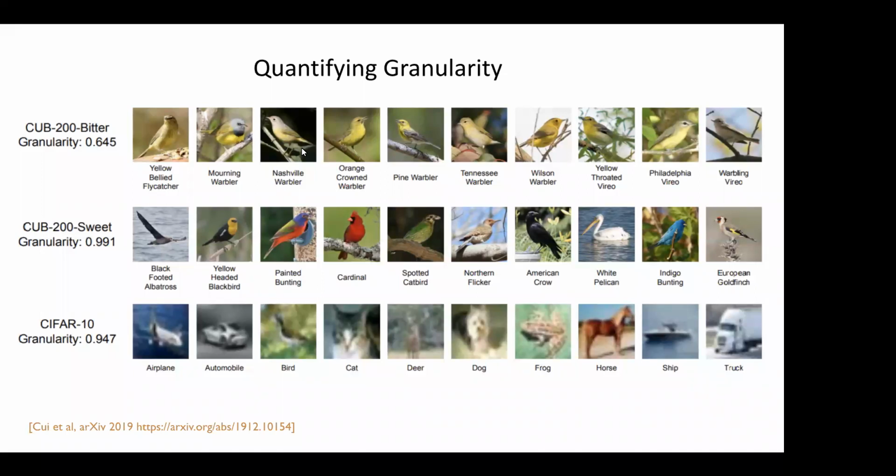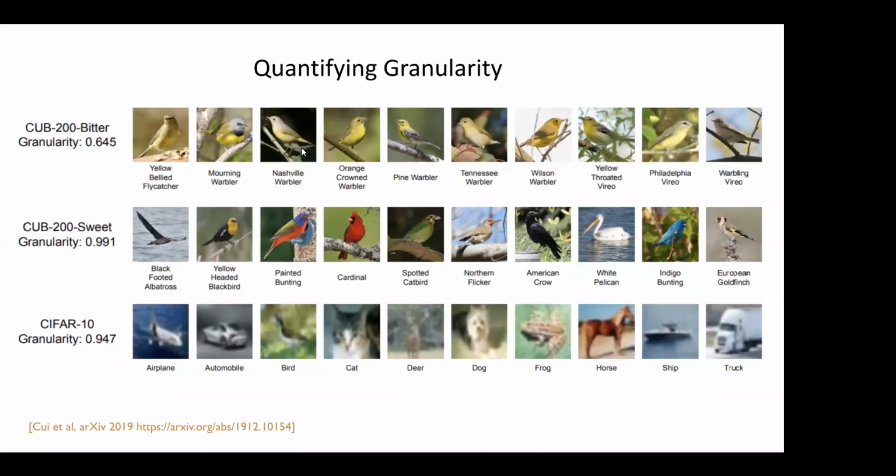Birds kind of connotes the idea of fine granularity. Whereas a data set like CIFAR 10 generally is regarded as a coarse-grained data set. So I won't go into details here, but Yin developed a quantitative notion of granularity where a perfectly coarse-grained data set would have a granularity of 1.000, and something very fine-grained would have a granularity close to 0.000.